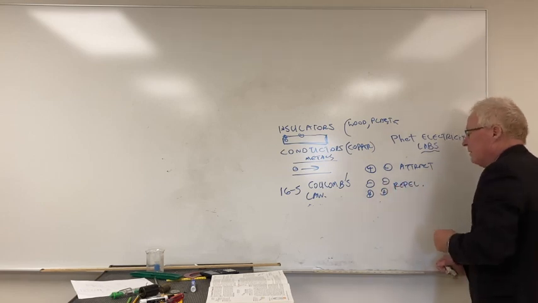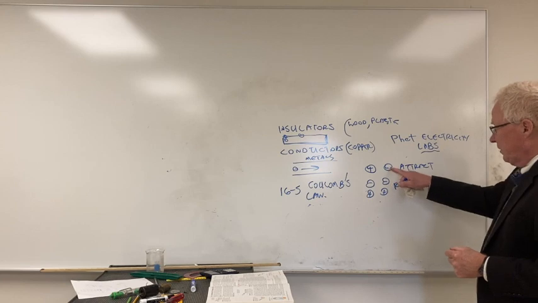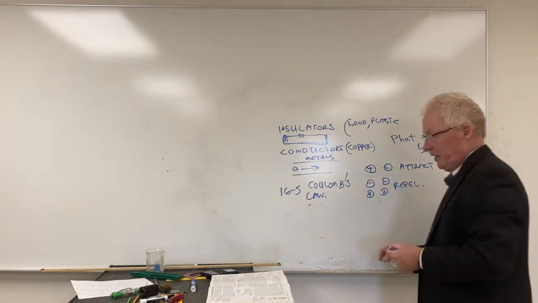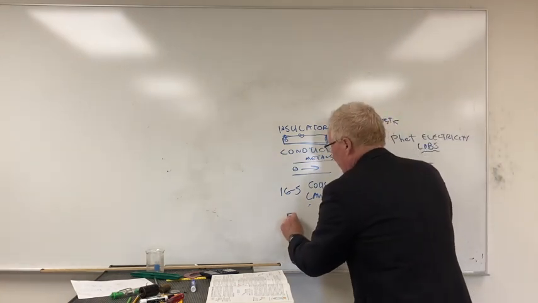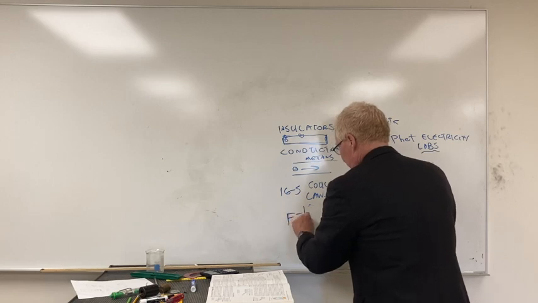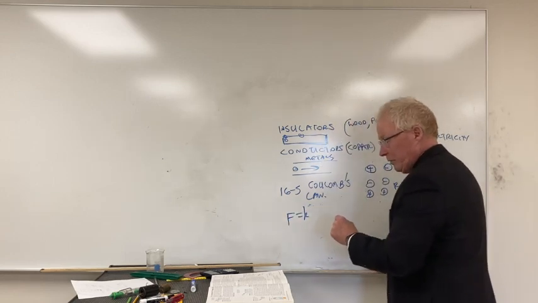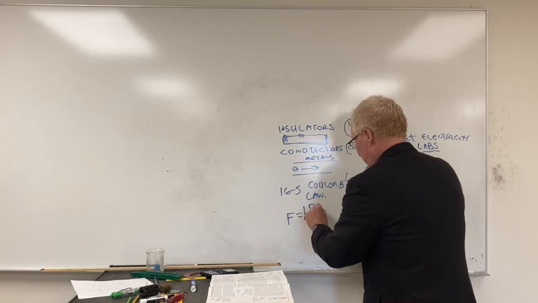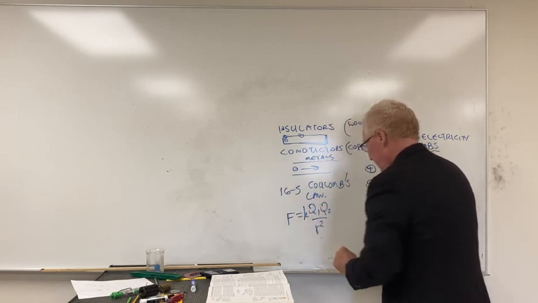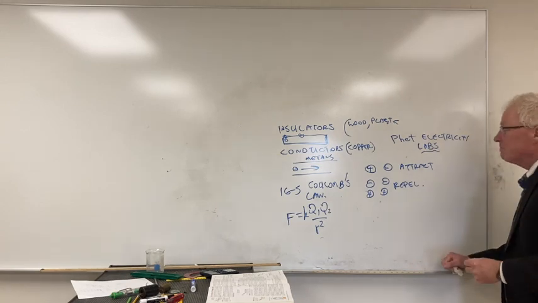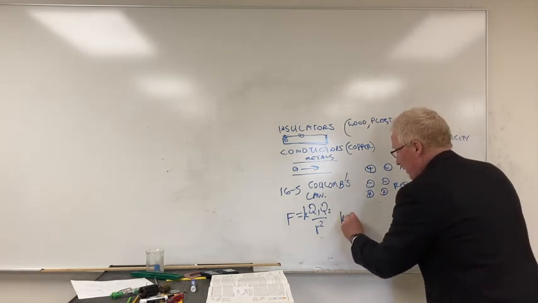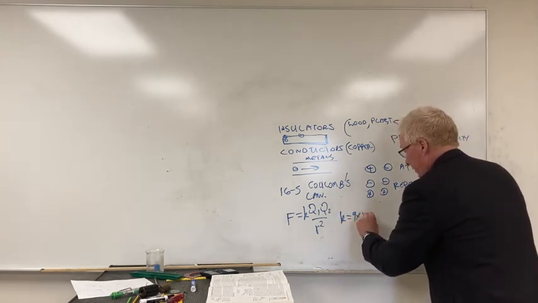We can express this in a law called Coulomb's Law, which is given by F equals K Q1 Q2 over R squared, the distance between the centers of the two charges. K is 9 times 10 to the 9th.